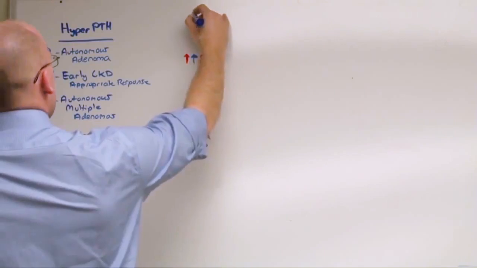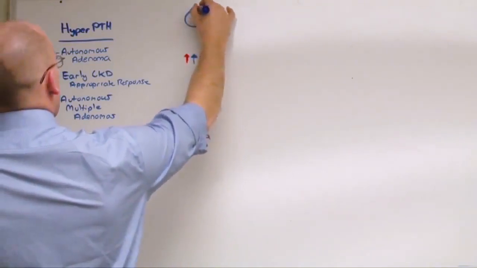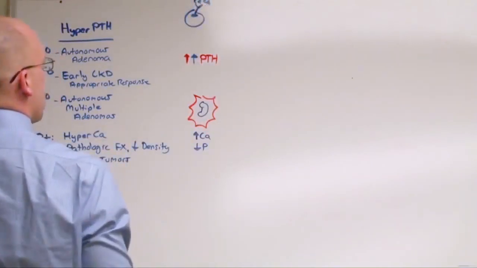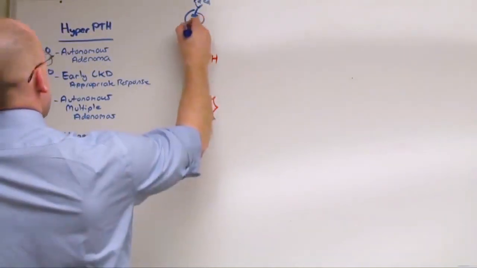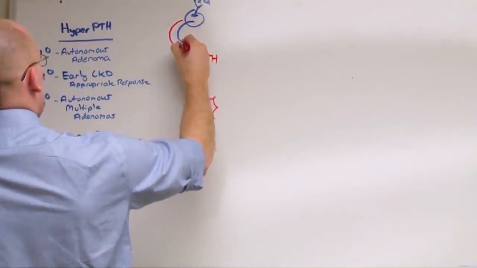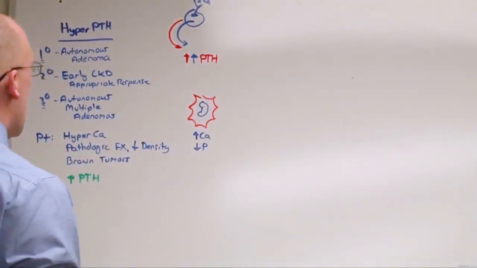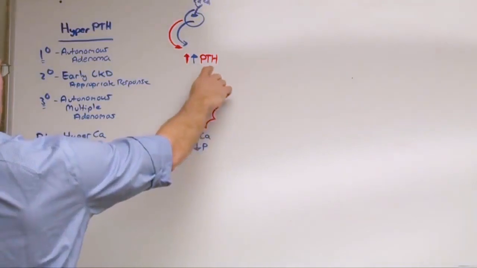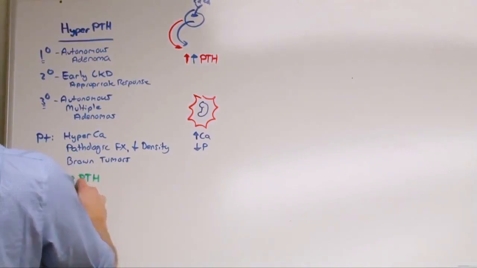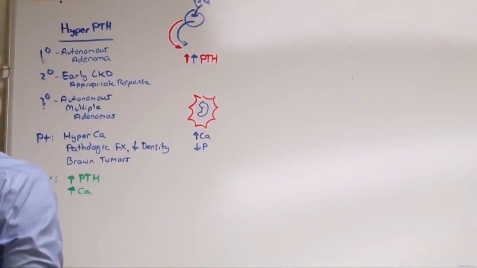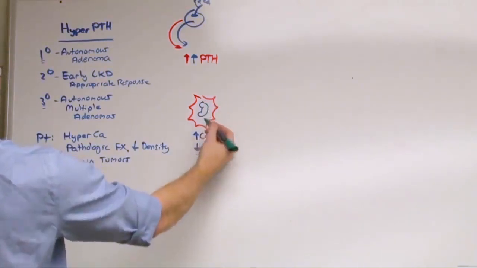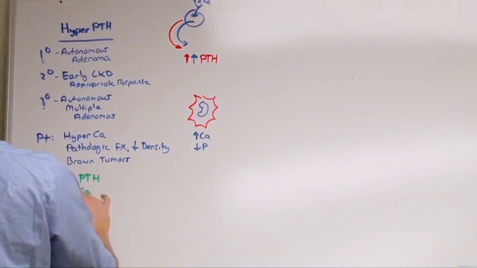What should happen to that calcium sensing receptor is that there's a lot of calcium here, so it should turn off. But it's making parathyroid hormone anyway, without listening to the amount of calcium in the blood. And so elevations in parathyroid hormone will cause elevations in the calcium. Even though calcium is there to turn off the calcium sensing receptor, parathyroid hormone is still made, the kidney's working, the kidney wins, so the phosphorus is low.